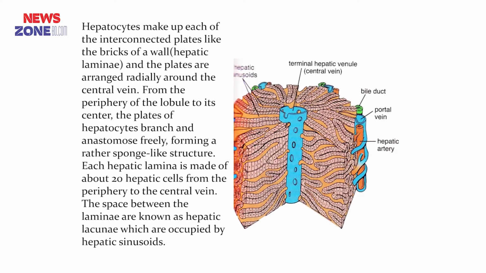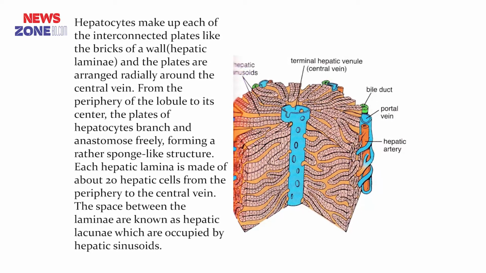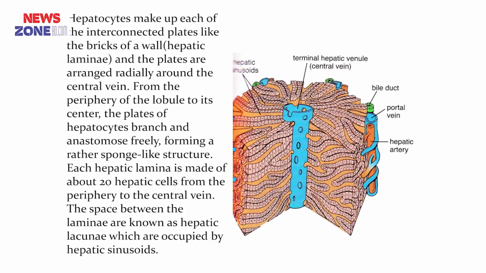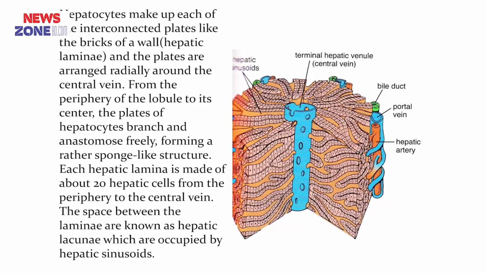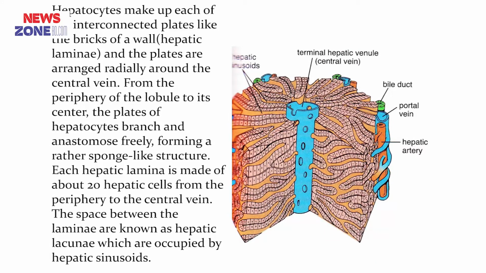From the periphery of the lobule to its center, the plates of hepatocytes branch and anastomose freely, forming a rather sponge-like structure. Each hepatic lamina is made of about 20 hepatic cells from the periphery to the central vein.